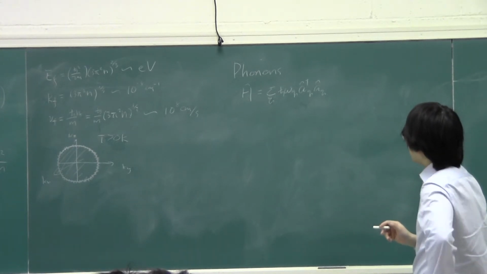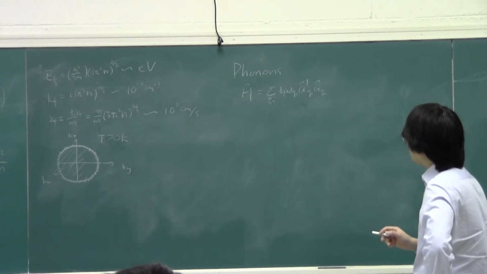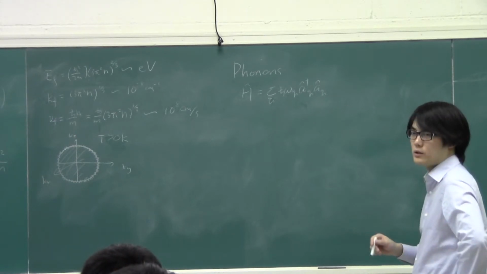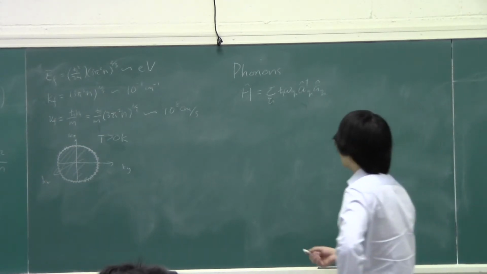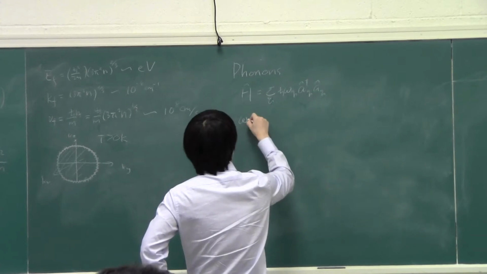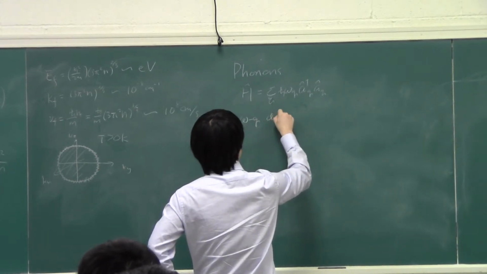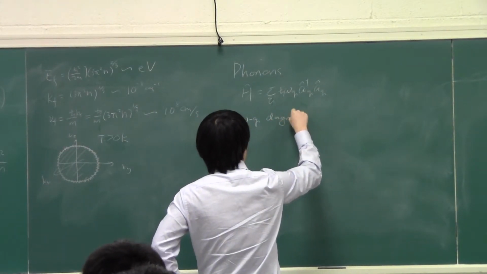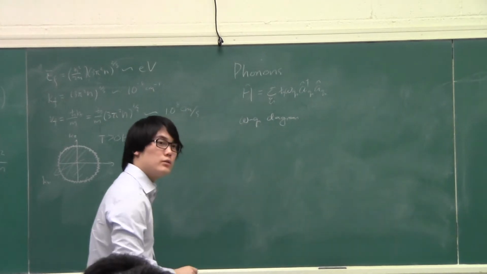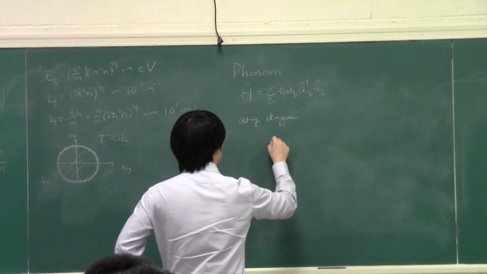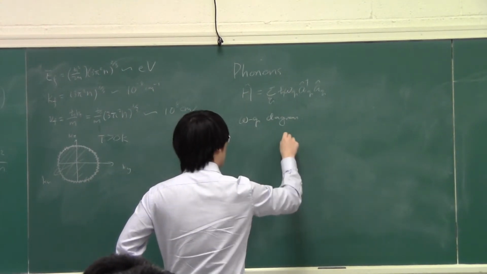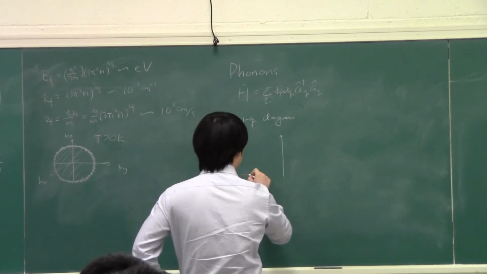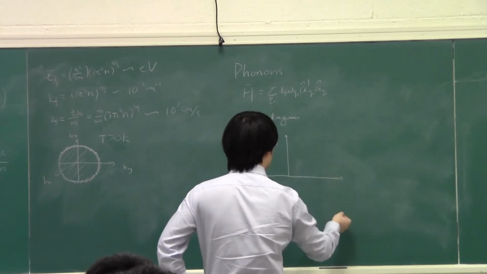Okay. And for phonons, you've probably seen this dispersion diagram, this omega q diagram, which relates the frequency of the phonon to its wave number. And that roughly looks like this.